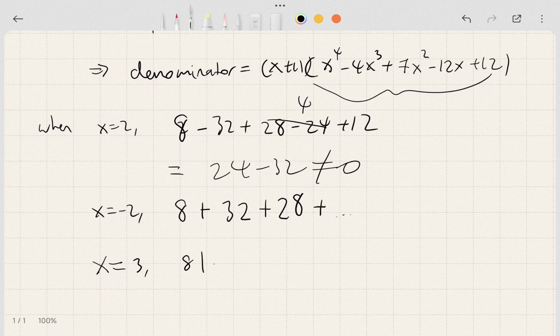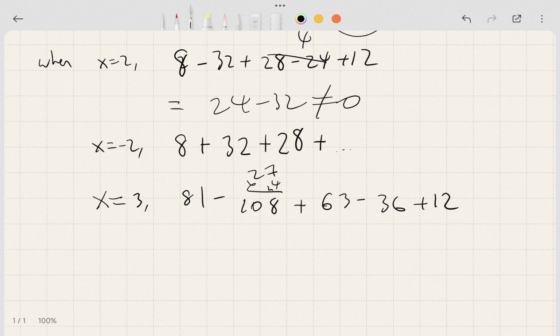Then you get 3 to the power 4, which is 81, minus 4 times 3 cubed, 27 times 4, so 108, plus 7 times 9, which is 63, minus 36, plus 12.